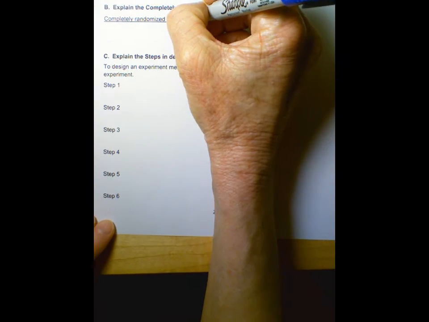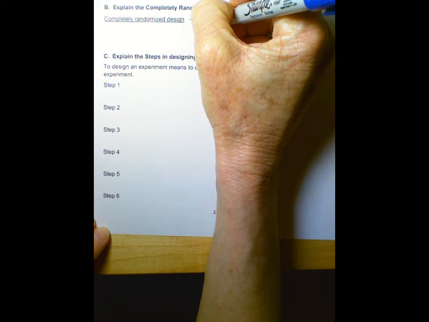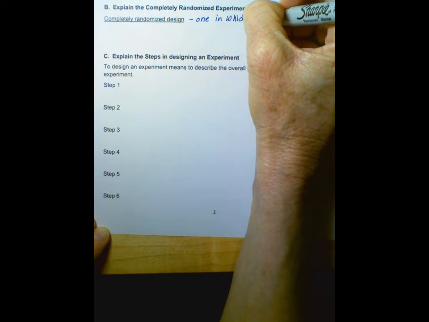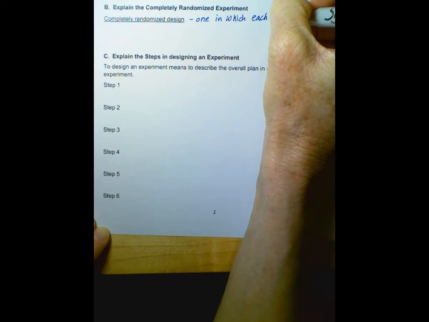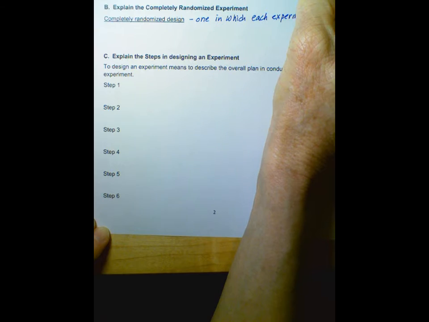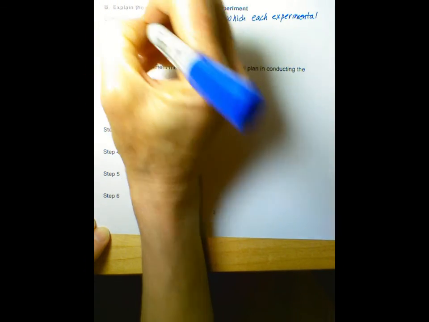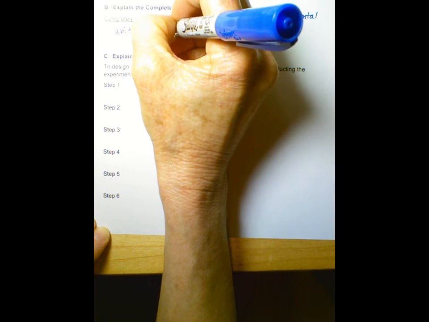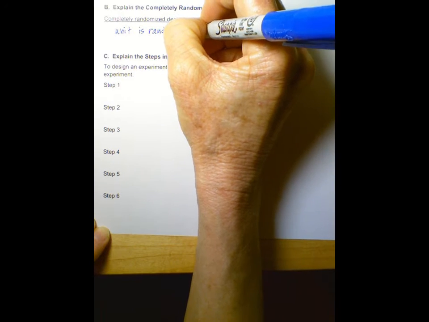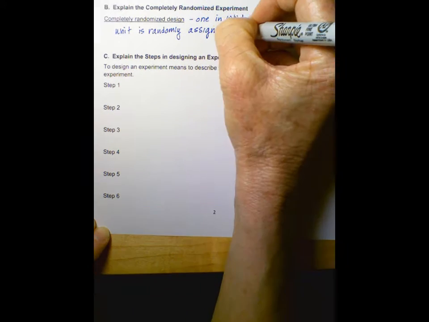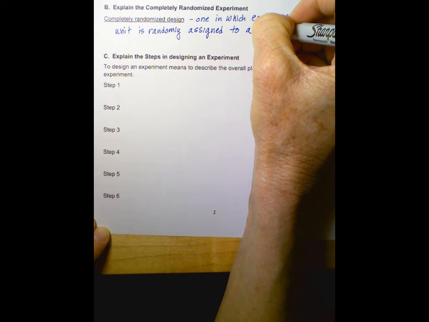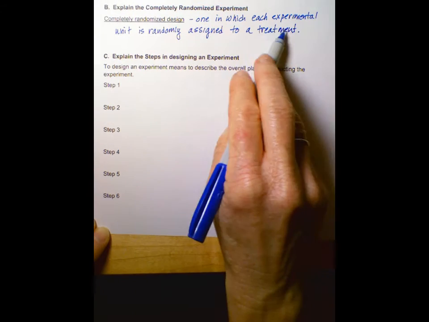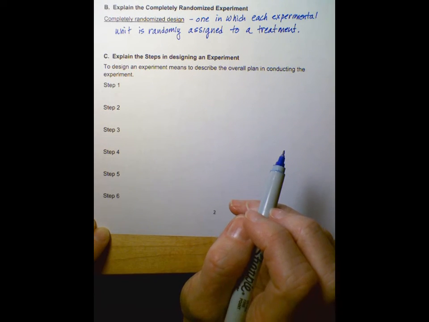This is a design in which each experimental unit is randomly assigned to a treatment.